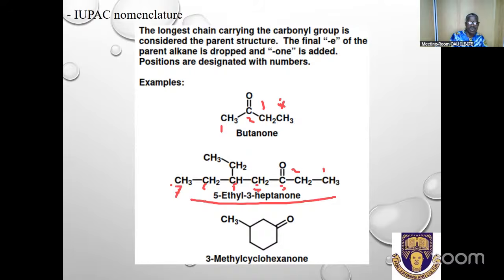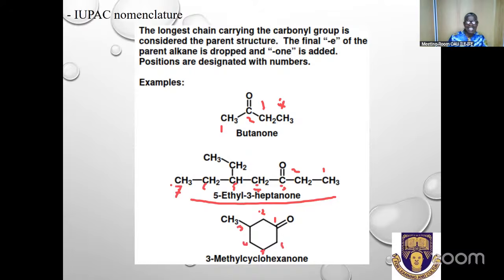Also looking at the ketone with the cyclic functional group, you have a cyclohexane carrying a carbonyl, a C double bond O, and also a methyl group. Now, like I told you, the carbon bearing the C double bond O must carry the lowest number. So you give that carbon number 1, then 2, then 3, then 4, then 5, then 6.